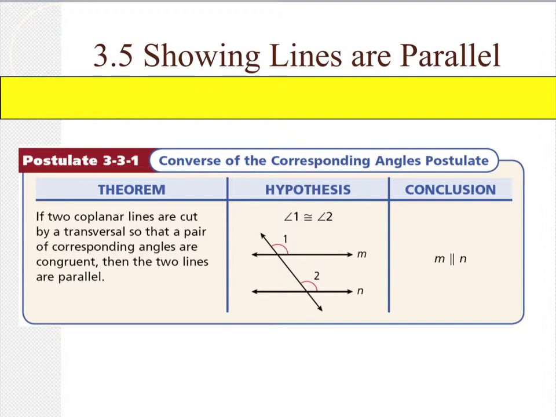So if in this diagram, angle 1 and angle 2 are corresponding angles, and we knew they are congruent, then M and N have to be parallel to each other. On the flip side, what our postulate said before was if we knew M and N are parallel, then we know 1 and 2 are congruent. Now it's the converse. If 1 and 2 are congruent, then M and N are parallel. Okay, so write that down.